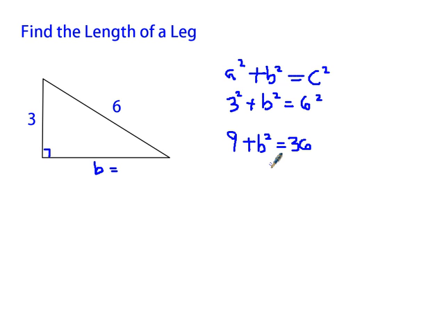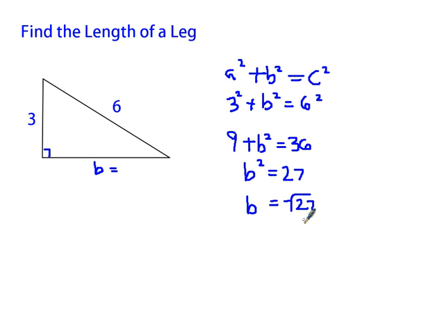Now to get B squared by itself, I would actually want to subtract 9 from both sides, and that would leave me with B squared is equal to 36 minus 9, which is 27. So then B, to go from B squared to B, I take the square root, so I have to take the square root of both sides, which is the square root of 27.